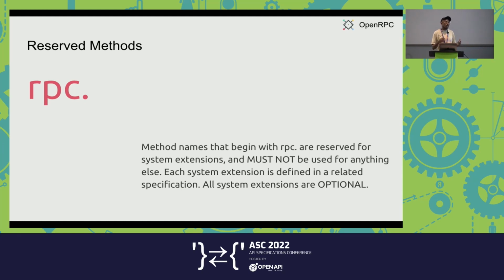The only requirement is that implementers of a JSON-RPC API do not have to implement this extension to be considered JSON-RPC. And so we're going to touch on this later about what OpenRPC does to JSON-RPC APIs to enable a lot of magical connections.